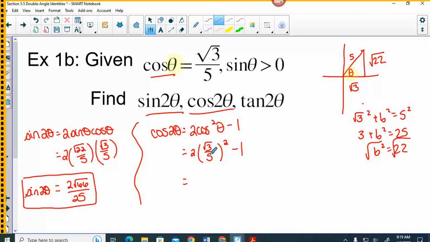So radical 3 squared is 3 times 2 is 6. 5 squared is 25. So cosine 2 theta turns out to be negative 19 over 25.